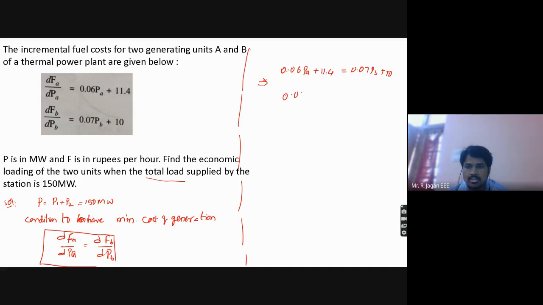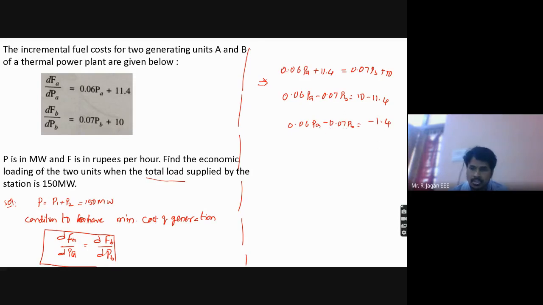So 0.06 PA minus 0.07 PB is equal to 10 minus 11.4, which is minus 1.4.